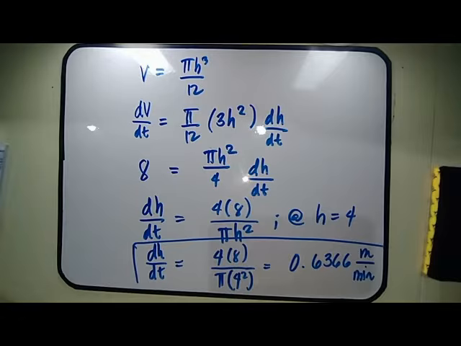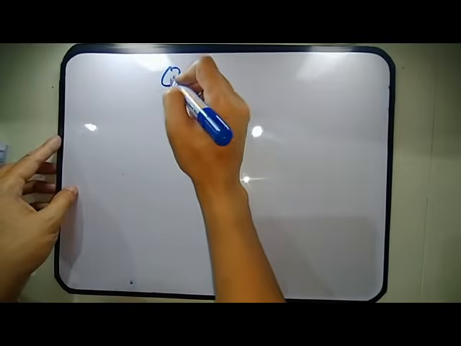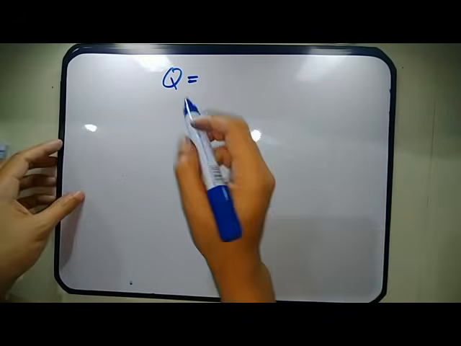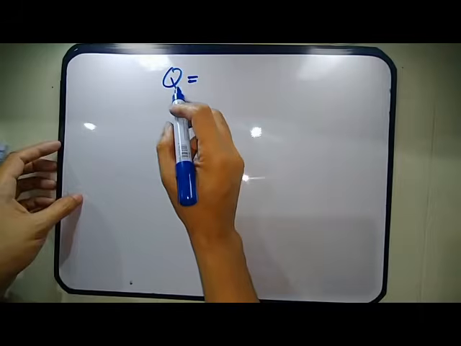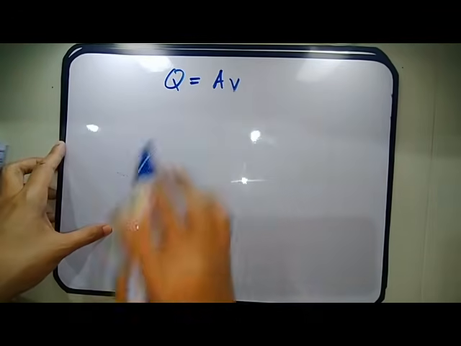Now, we have a calculator technique for this. If you recall, calculus is actually infinitesimal calculus, which means we only have to find the area at that instant. Using the calculator technique, which is the basis of our Calcutech, the volume flow rate Q is equal to AV, where A is the area and V is the velocity.